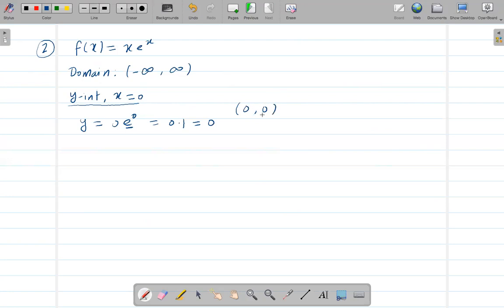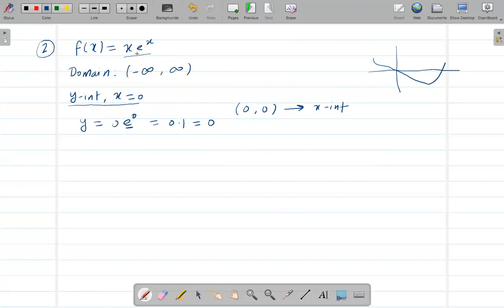So if the y-intercept is (0, 0), then I can automatically say that this is also an x-intercept, right? If you have a graph, let's just say a random graph, something like this, and it goes through (0, 0), then I can easily say that this is also an x-intercept point. There might be other graphs which go like this and have another x-intercept.